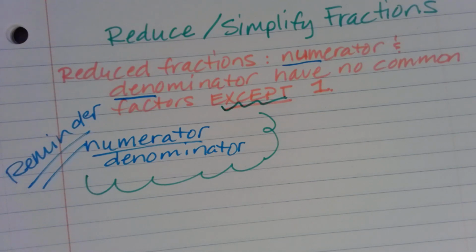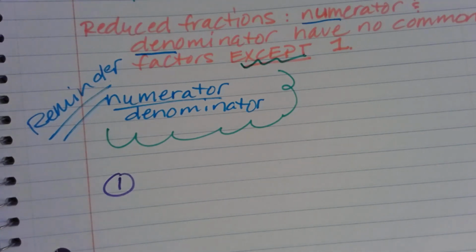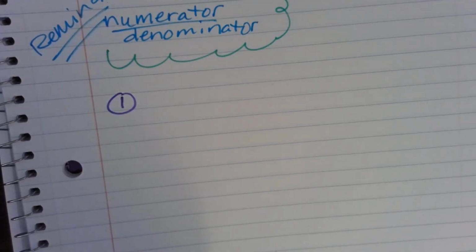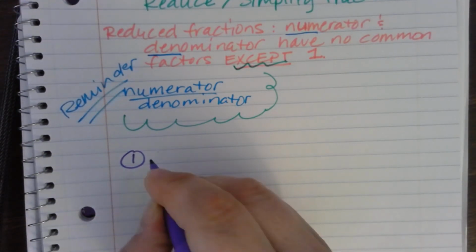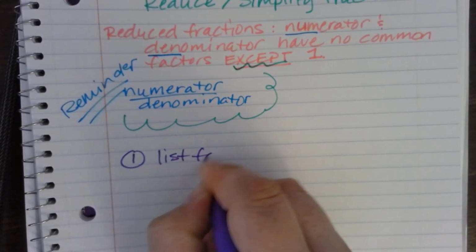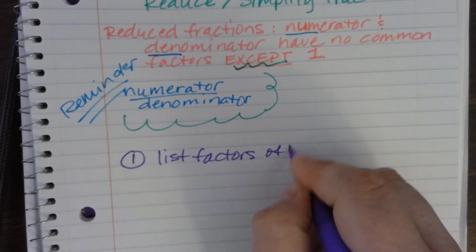All right. Let's go ahead and talk about how we do that. Let's break it into steps. So the first thing that I'm going to do with the fraction is list factors of both numbers.